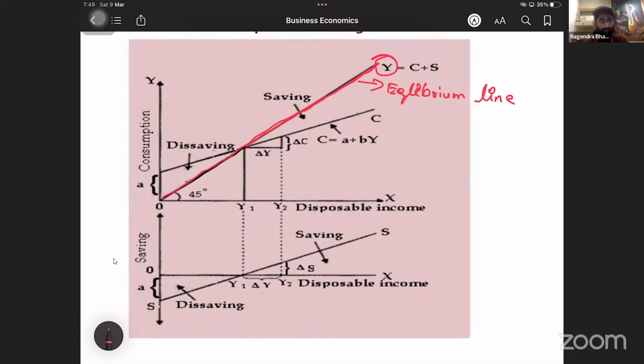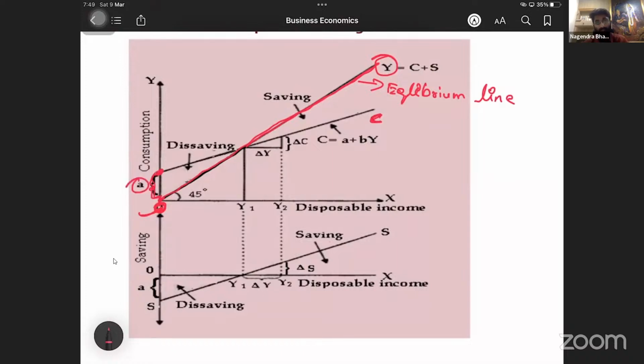What is this difference? Even if your disposable income is 0, still you have expenditure, consumption. That means this is your consumption line. Your disposable income is 0, still you have expenditure. That means this A is constant.